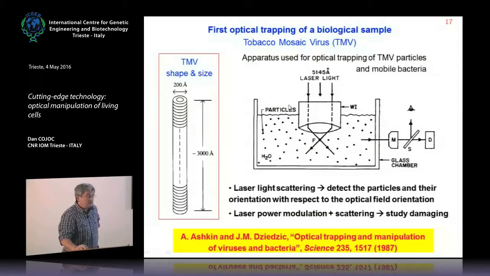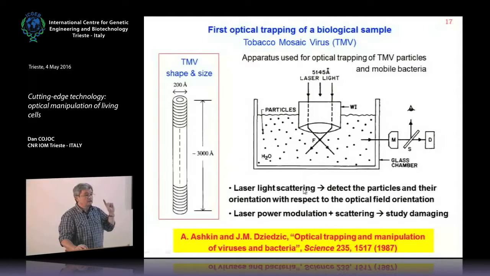It is very nice in my opinion also because they use laser scattering, so they observe the sample from the lateral side. At these sizes you cannot image the sample, it is below the resolution limit of the microscope, but you can use the light scattering to know that the sample is there.